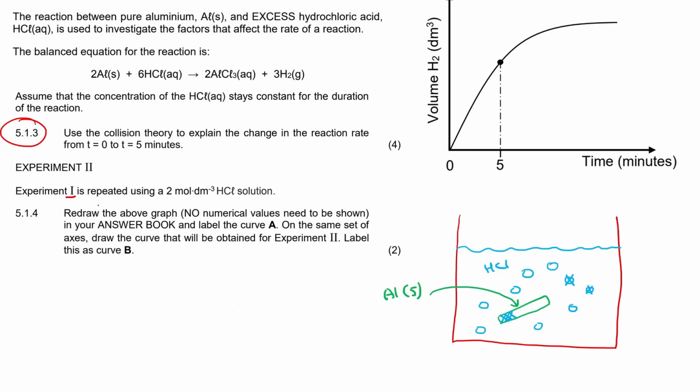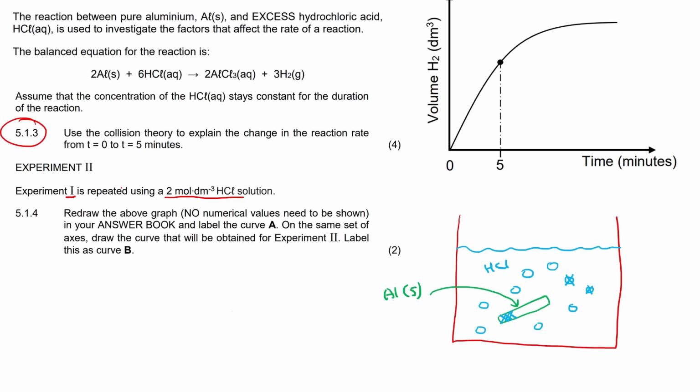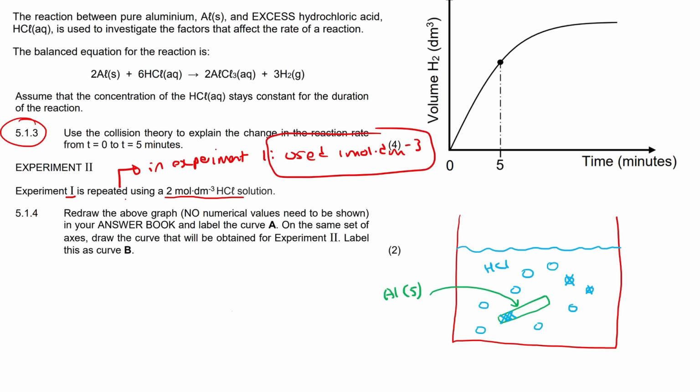Experiment 1 is repeated, but they now use 2 mole per decimeter cube of HCl. How much did they use in the first one? Oh, okay, so in experiment 1, they used 1 mole per decimeter cube. So just remember that in experiment 1, we used 1 mole per decimeter cube.